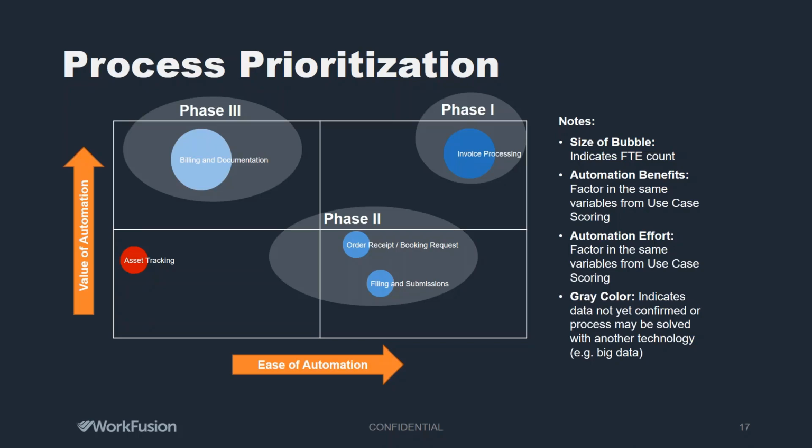Ease of automation could be identified as effort, but it doesn't necessarily have to be. It could be a different way to think through it. And then value of automation is that overall impact, but it might not just be FTE reduction.